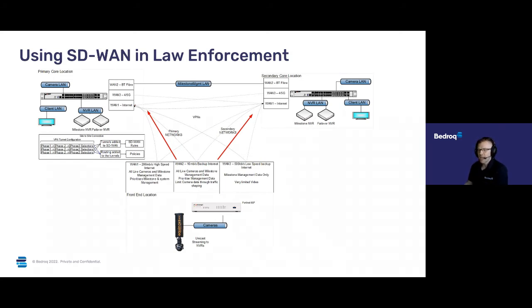In the same way as we added all of the internets, the WANs, into SD-WAN, we add our VPN tunnels into SD-WAN. And then we can do very similar things, which is great. So with that, we can create the different VPNs. We may create 3 or 4 VPNs, say 3 VPNs from the front end to the primary, and then another 3 VPNs from the front end location to our secondary backup location.